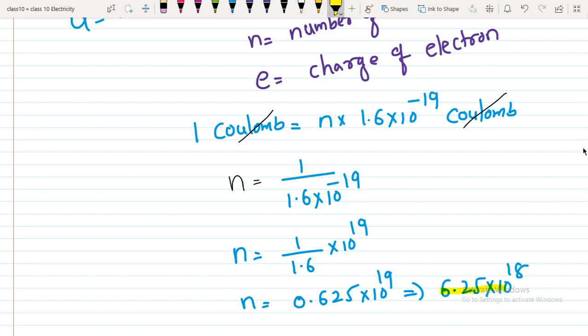So 10 power 18 is a very big number. It means after 6.25 we need to put 18 zeros.